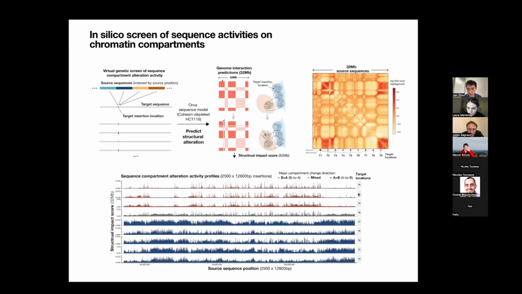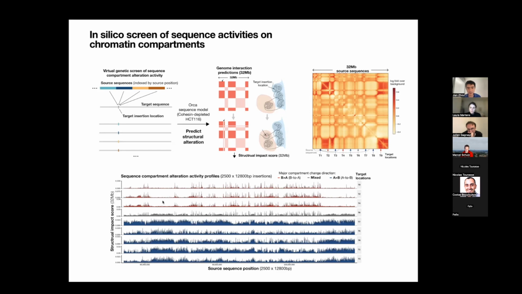The B compartment locations are mostly sensitive to sequences with A compartment activity that can transition the compartment from B to A. Those source sequences detected here have strong A compartment activities, and they are pretty sparse. On the other hand, the A compartment locations are sensitive to A to B compartment transitions, and we detect sequences with strong B compartment activities, which are complementary to the A compartment activity, but much denser and not as sparse.